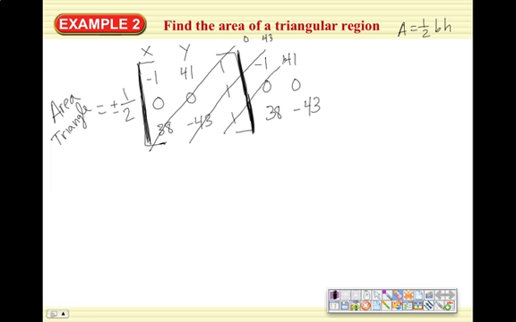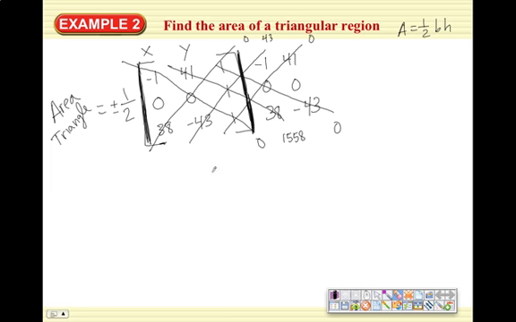And the third, upward, that's nice, 0 again. Next, let's do the downward. -1, 0, 1. There's another 0. 41, 1, 38, 1,558. And lastly, this one is 0.